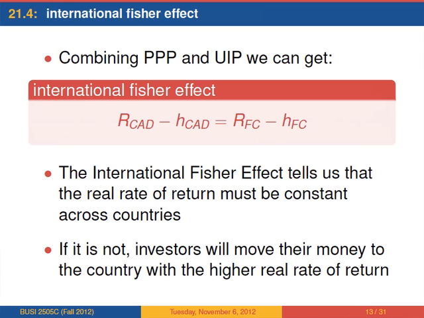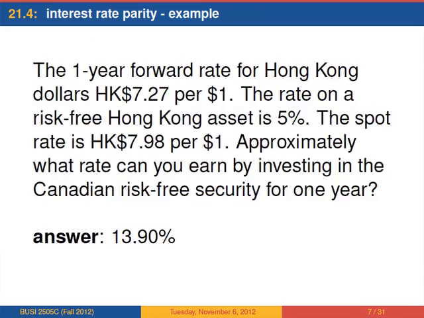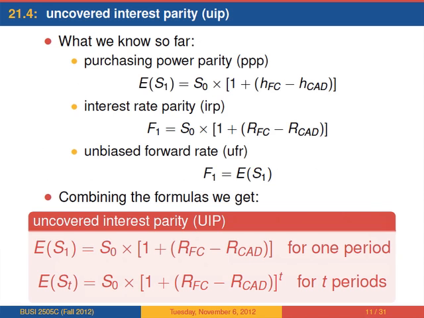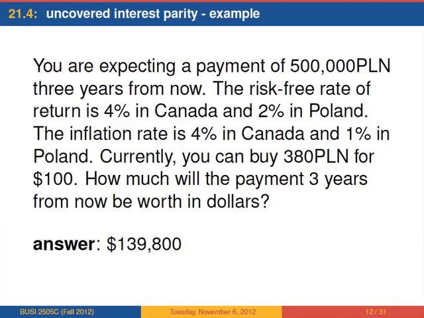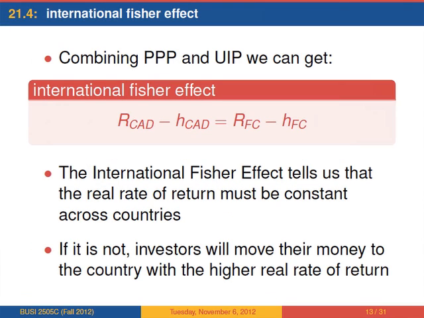So if you take purchasing power parity, which is the relationship between, which is that one, where is it? If you take that first equation at the top, E(S1) is S0 plus the difference in the inflation rate, and you combine it with the one at the bottom, which is E(S1) is S0 plus the difference in nominal rates, then you can just put them together.